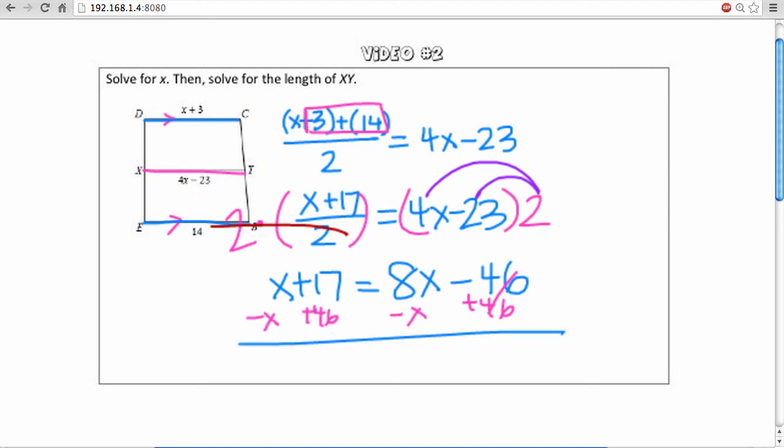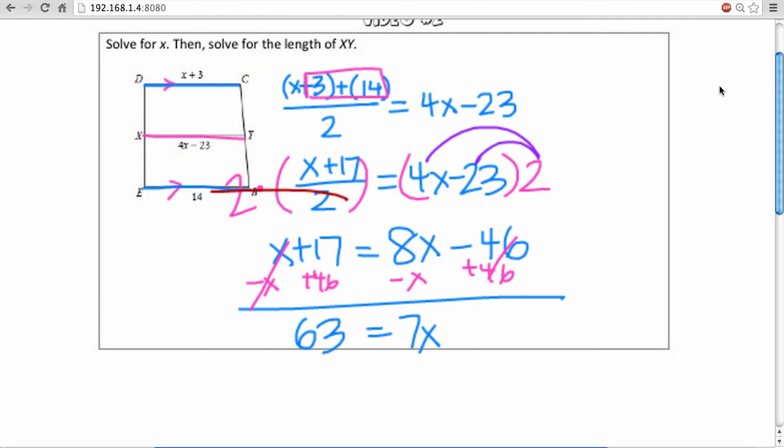If not, I'm sorry. Now, those will simplify out. On the right-hand side, we wind up getting 7x. And on the left-hand side, we get 63. And we're almost done. So bear with me, we're almost done.